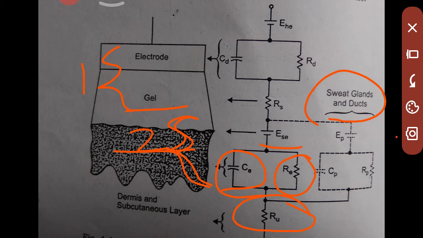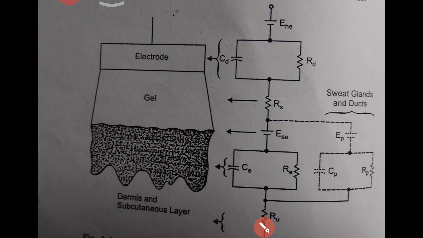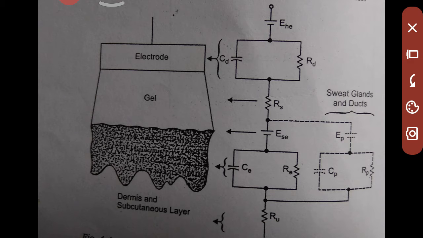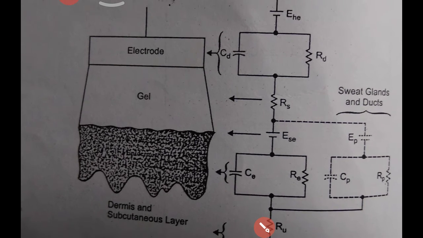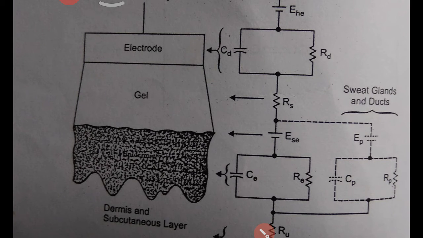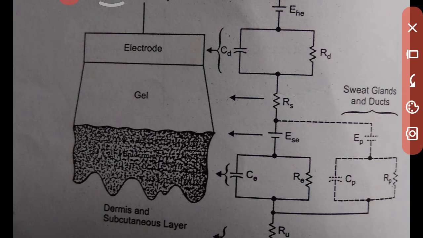In this, RC is the epidermal layer impedance. In general cases, for 1 centimeter square, the skin impedance reduces from 200 kilo ohms at 1 Hz to 200 ohms at 1 megahertz.